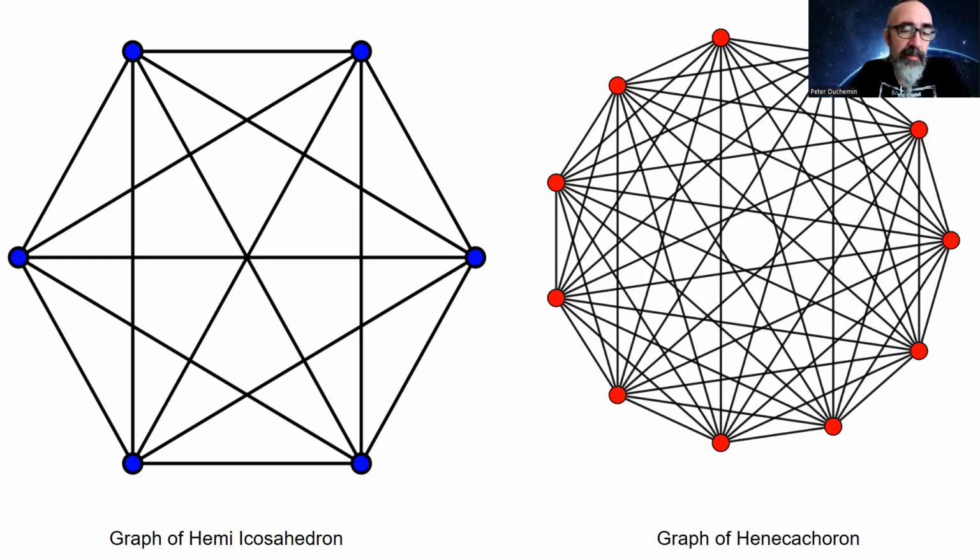Here we have two graphs. First, a graph of the hemicosahedron, which we'll be encountering, which shows 6 vertices and every possible interaction with each other. That's what these lines and nodes are: 6 vertices, and then all the possible combinatorial connections. You can see that it forms a Magen star, a Star of David, a 6-pointed star, a hexagram, which can also be mentally figured as an octahedron.